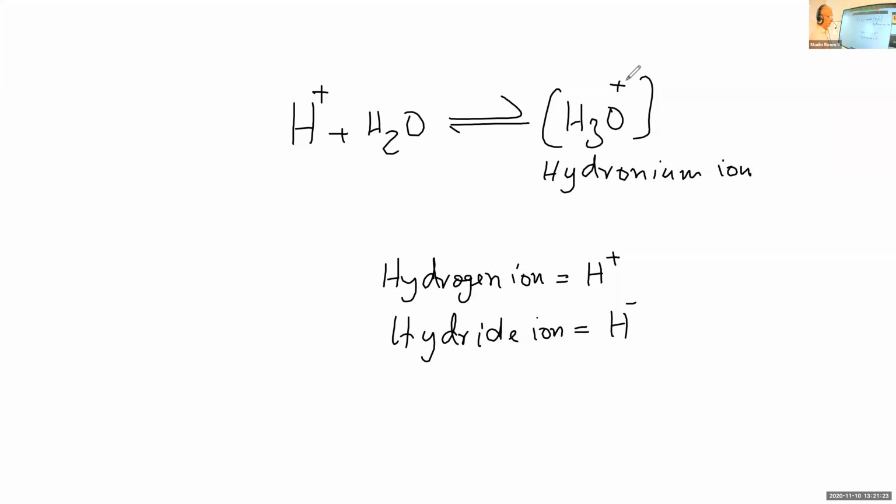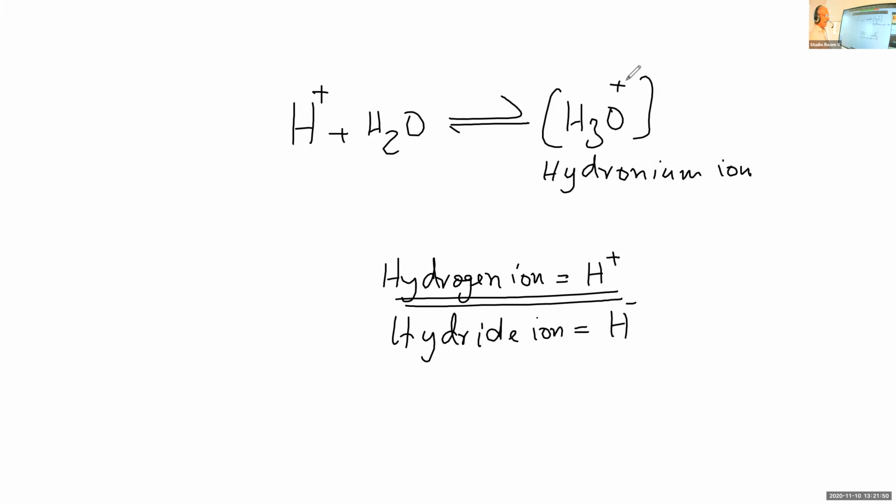How is hydronium ion formed? By the reaction between hydrogen ion, H plus ion, and H2O. So H plus H2O giving H3O plus ion.